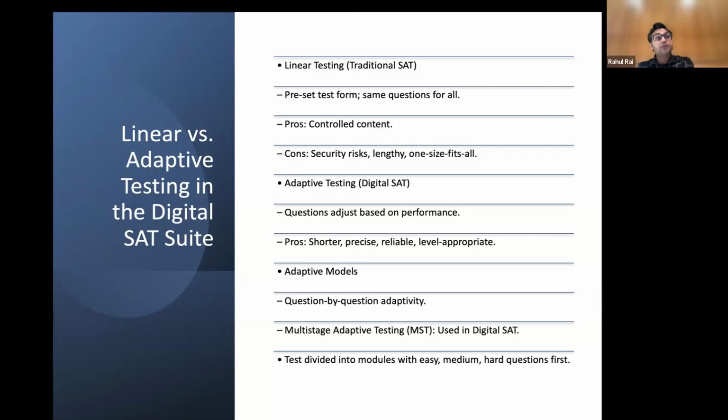Whereas it is what is known as multi-stage adaptive testing, where one stage is fixed, a set of questions is fixed, and then depending upon how you have performed on that set of questions, module 2, the next stage, will be completely customized and changed. And this is the main adaptive nature of the test that is used in digital SAT. Okay, and the questions in each module are divided into various categories such as easy, medium, and hard questions that will be given to you.